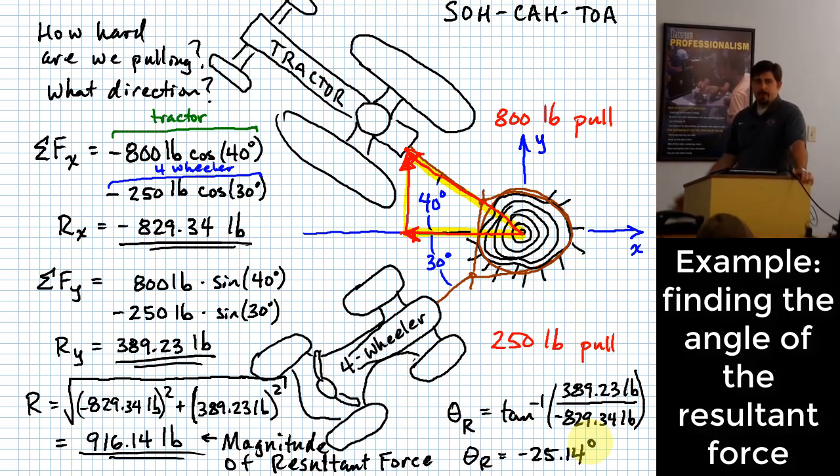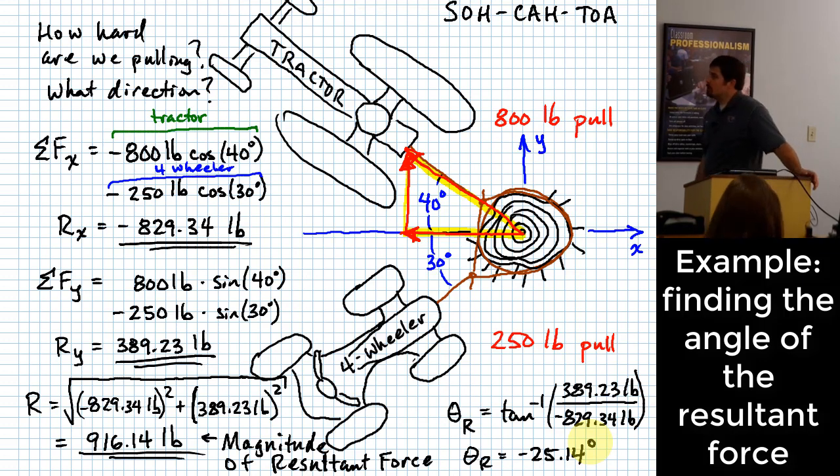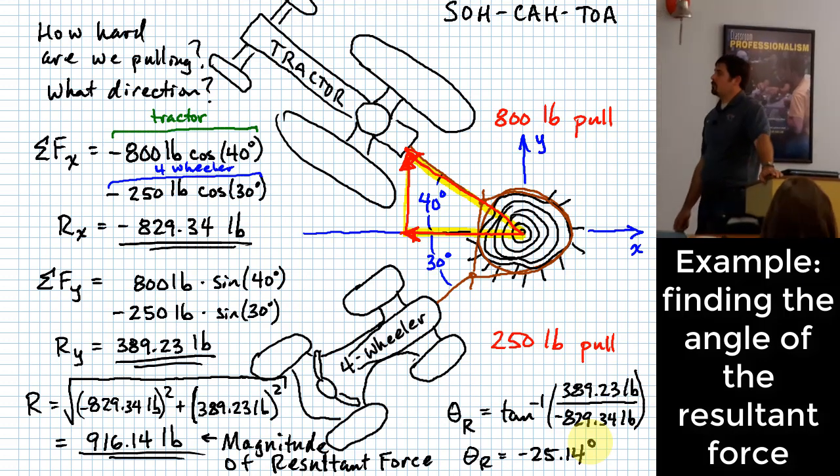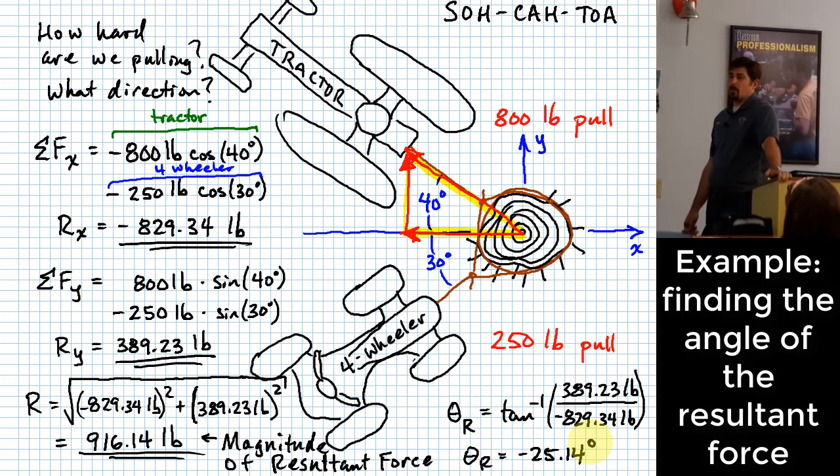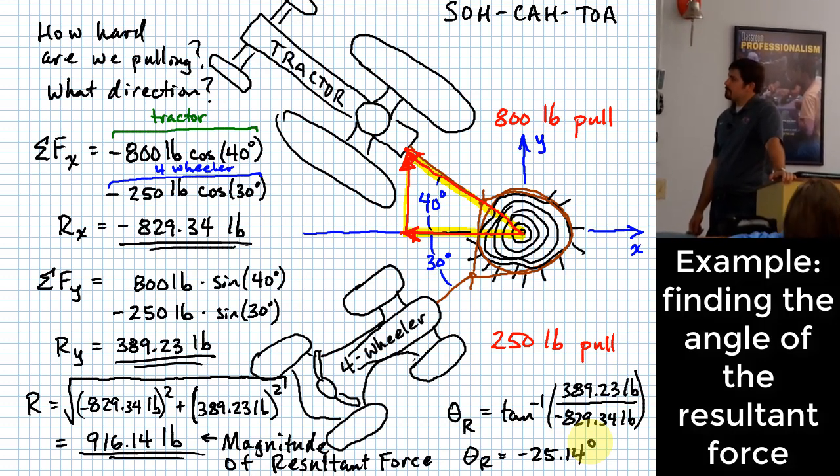That's over there in the left half, and the answer should lie either in quadrant 2 or in what? Quadrant 3. Which one do you think it's going to lie in? Two makes sense, because you've got this really hard force of the tractor pulling up at a bigger angle. So how do I get to an angle over there that makes sense?